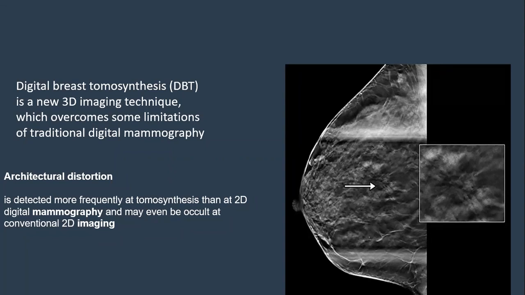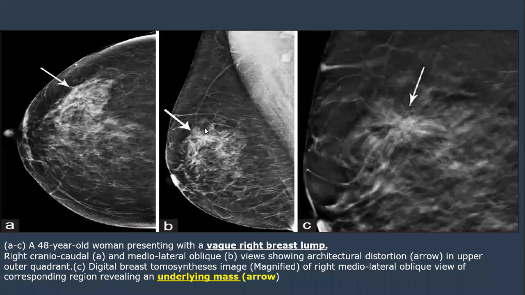As we mentioned, digital tomosynthesis or 3D imaging overcomes some limitations of traditional digital mammography. We'll see examples. If you look here, a subtle area of architectural distortion and asymmetry, and here some angulation and distortion in the contour of the fibroglandular fat interface.